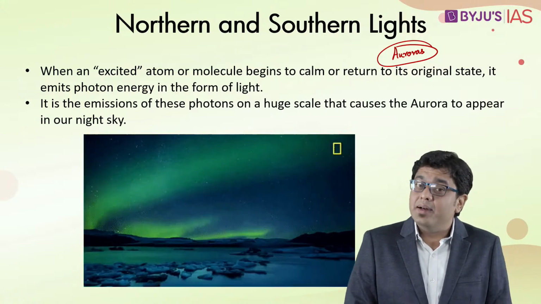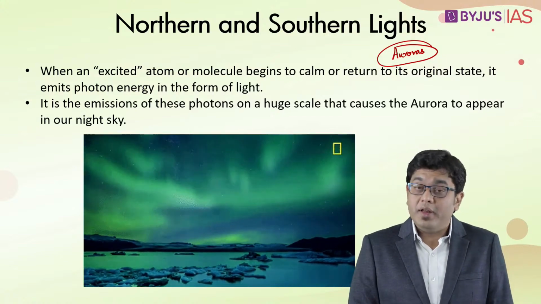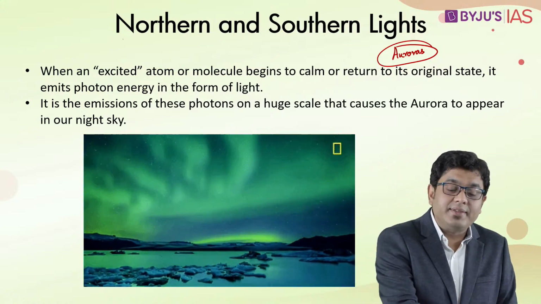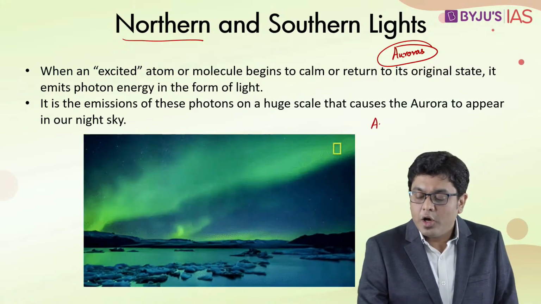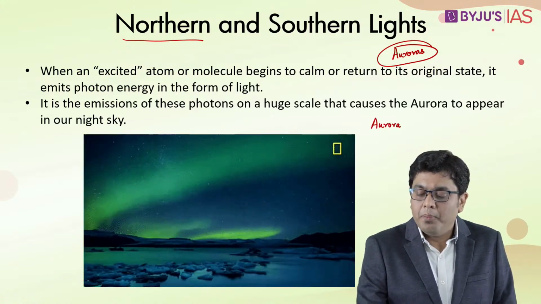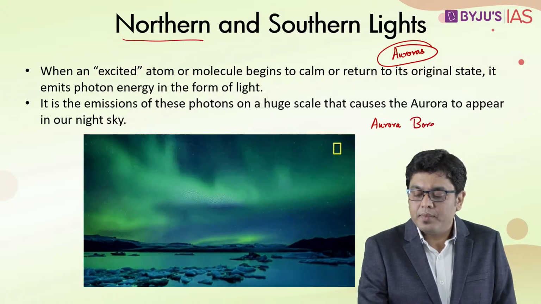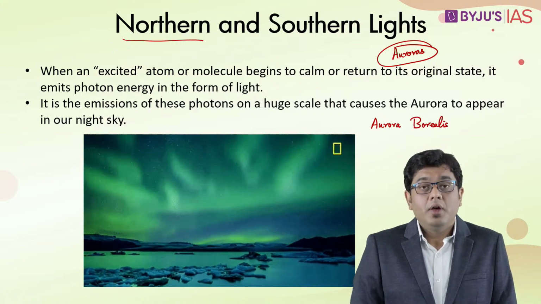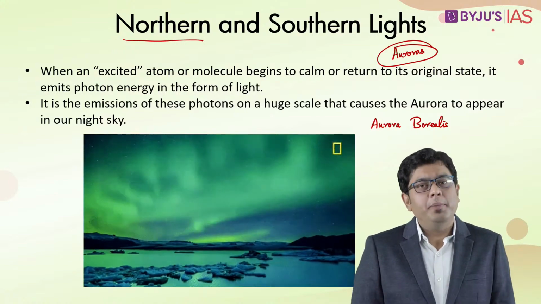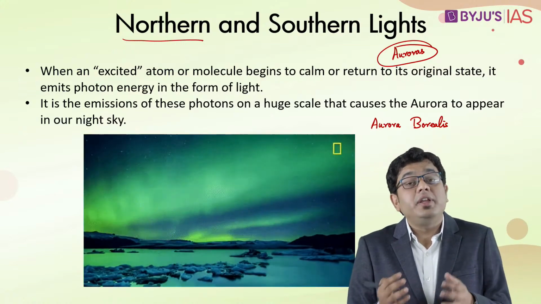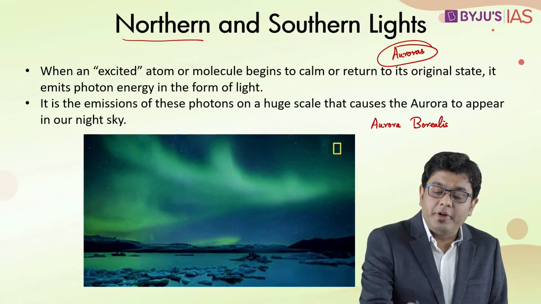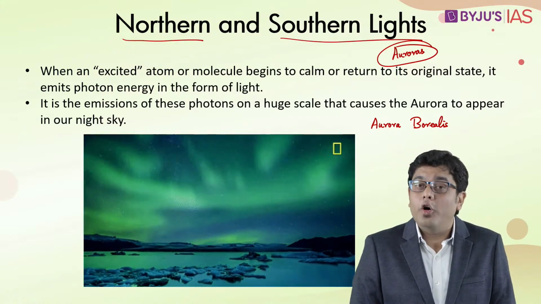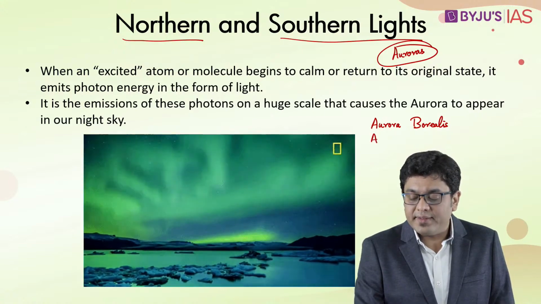Now when it occurs in the northern polar region, it is referred to as the northern lights, or what is also referred to as aurora borealis. And when the same phenomenon is observed in the region around the southern polar area, then it is referred to as southern lights or aurora australis.